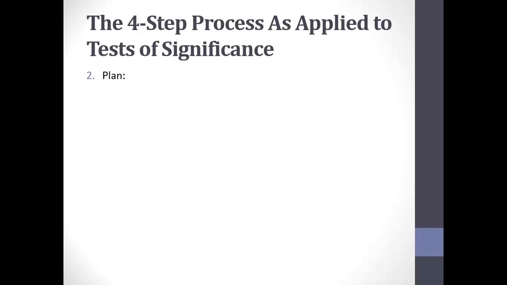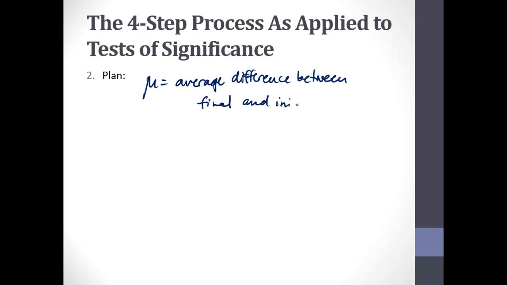So now I want to set up in my plan step my hypotheses and quickly check my conditions. So again, let's let mu equal the average difference between final and initial pulse rates.